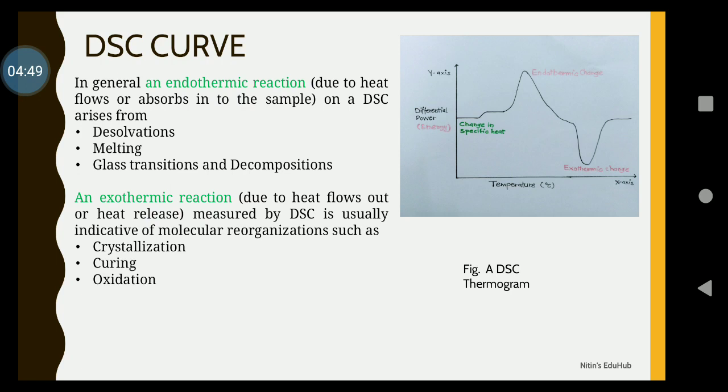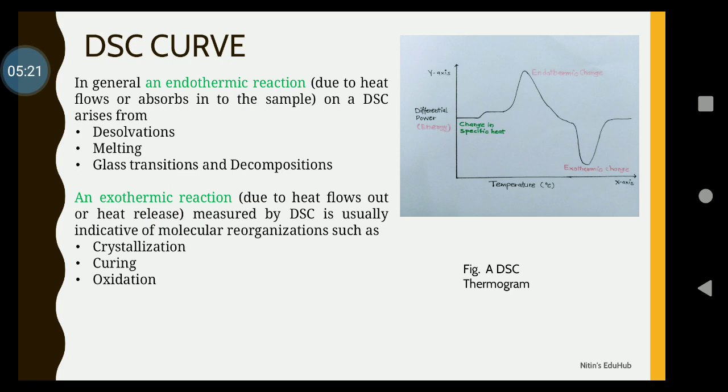But here, the endothermic change in the graph shows an increase in the energy. That increase in the energy in the DSC is because of the signal produced by the sensor to the programmer, or to the heater, that there is a change in energy because of the endothermic change.